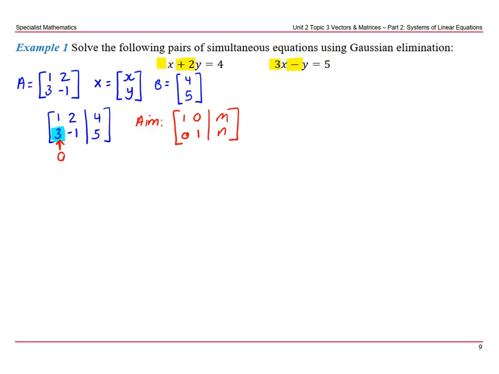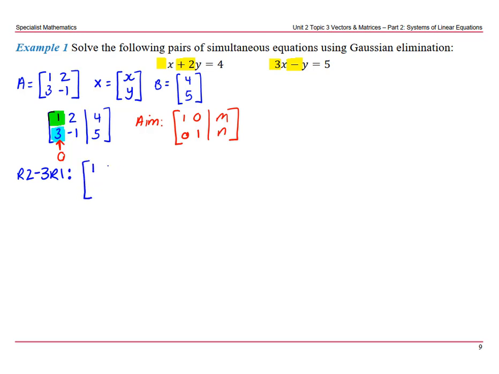So if you look at our second row and our first row, we have this 1 here. So if I go row 2 minus 3 lots of row 1, that's going to be 3 minus 3, which gives us our 0.